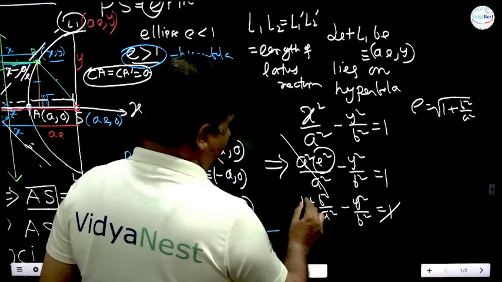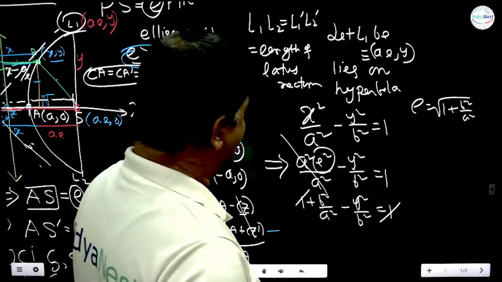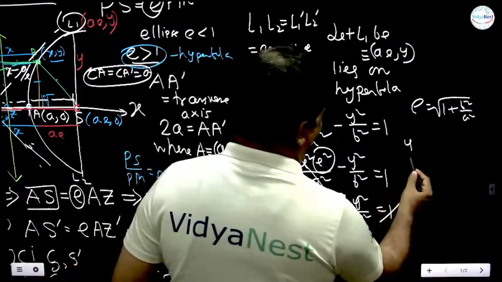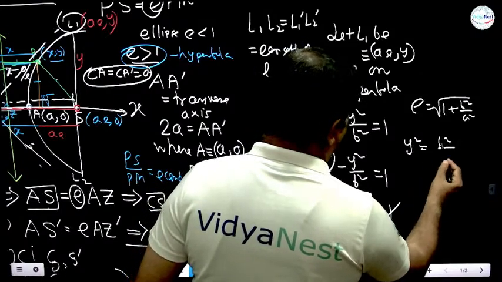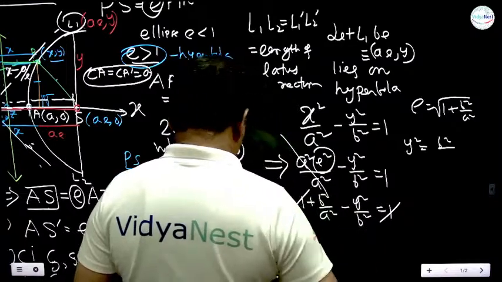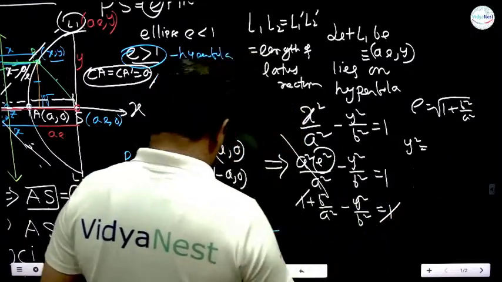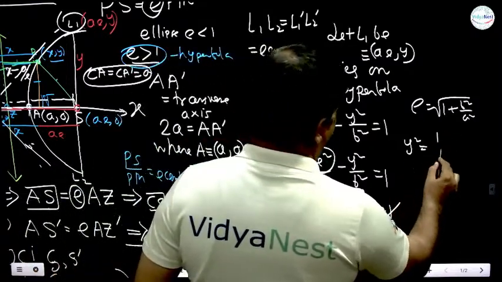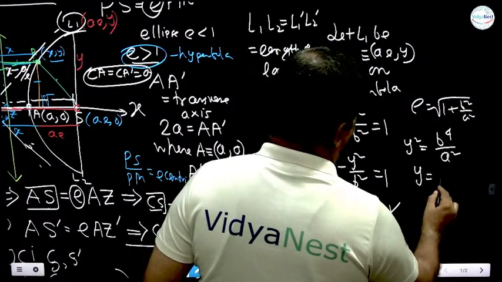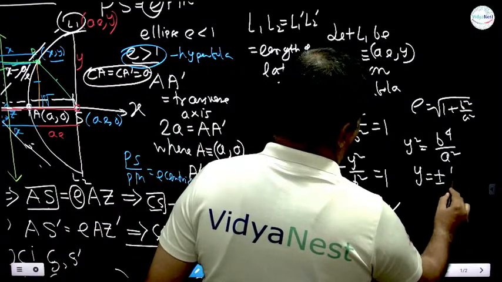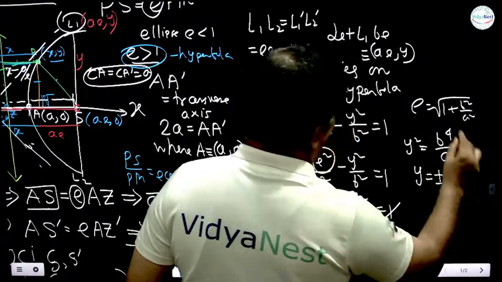Don't get tensed. So you have got y square equal to b to the power 4 by a square, so y is plus minus b square by a.